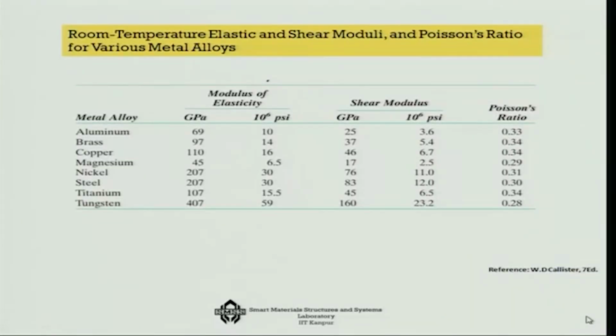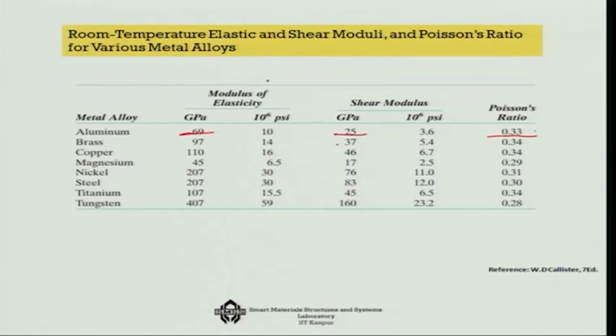In terms of the absolute values, once again I have given values from Callister here, just for reference. For example, if you consider aluminum, approximately 70 gigapascal modulus of elasticity, shear modulus is approximately 25, and Poisson's ratio is approximately 0.3. Okay.